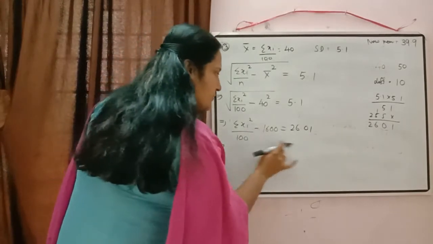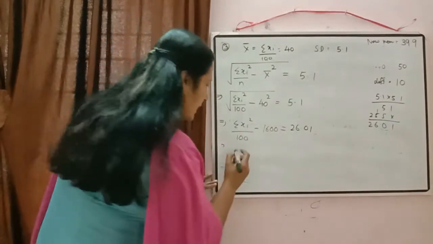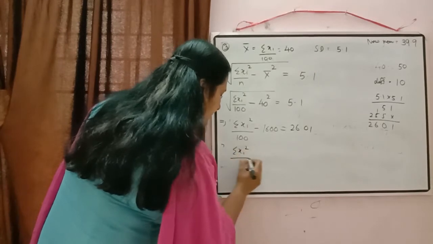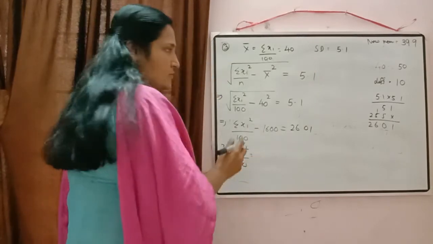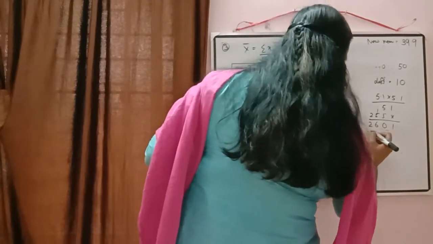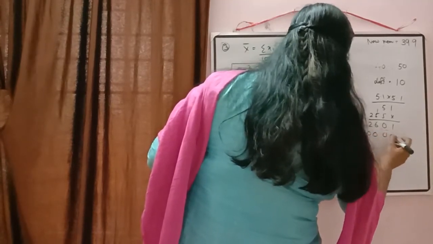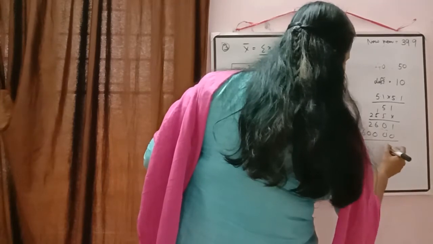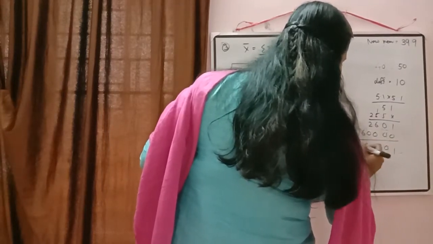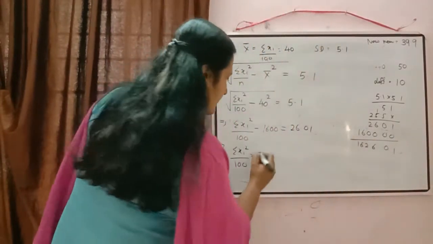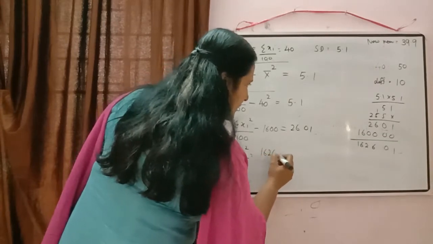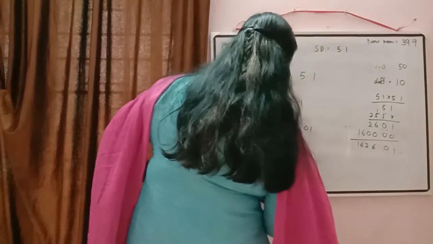Now we can shift this 1600 to the right hand side. Then it will get added there. So 1600 plus 26.01, so 1626.01.